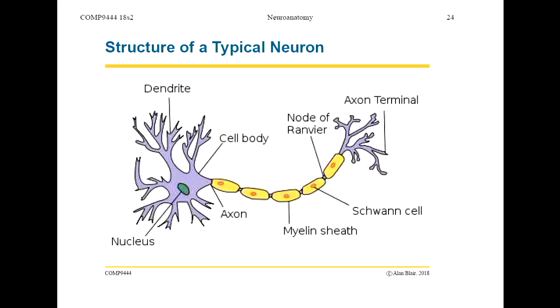And if people get certain kinds of motor neuron disease, the axon becomes demyelinated, and then people have these very jerky movements.